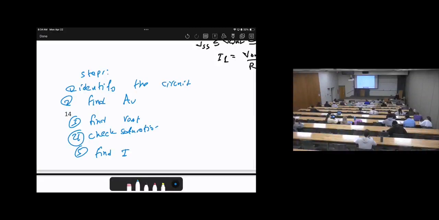Then if you need to calculate the power, it will be I squared times R, or V times I, or V squared over R. Keep in mind here, most likely we will go with DC circuits.